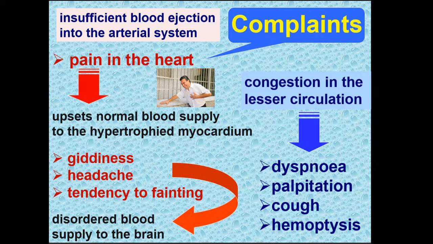I'll draw your attention, if you were attentive: when we spoke about mitral heart defect, complaints of the patient were connected only with decompensation of the heart, otherwise with heart failure. In aortic heart defect, the first problem will be with blood supply in the arterial system, and later the problem with the heart.